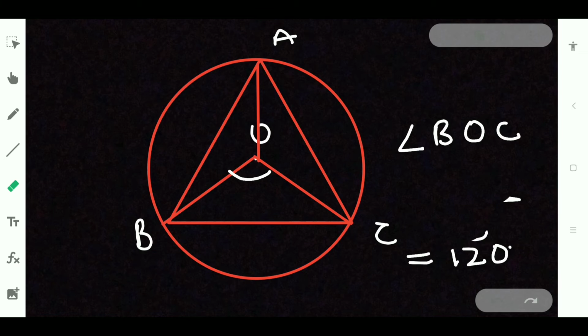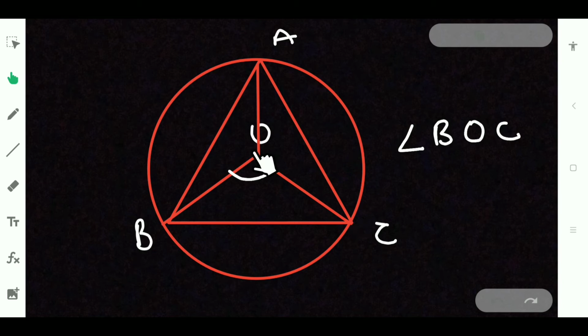If the angle is subtended by two arms like this from the ends of the polygon, and they are equidistant from the circumference of the circle. You know that from the center of the circle, radii are equal.